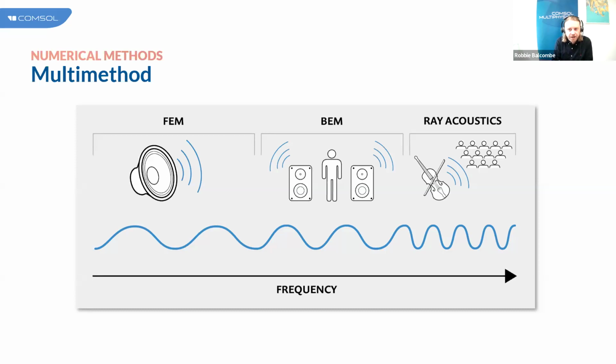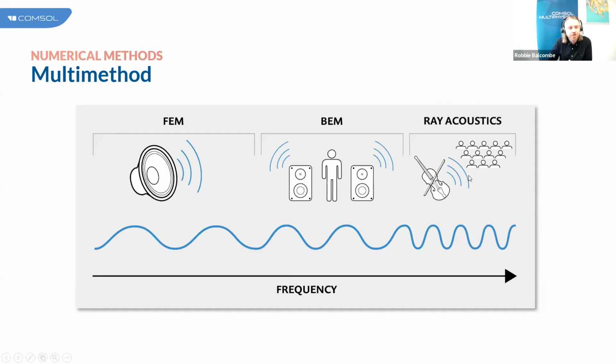If your ratio of wavelength to geometric extent is, say, 20 to maybe 50 or 100 wavelengths, then you would tend to be in this kind of moderate region. Then once we get to geometries which are more than 100 wavelengths in extent, then we are in the high frequency limit where we would tend to favor using ray acoustics.